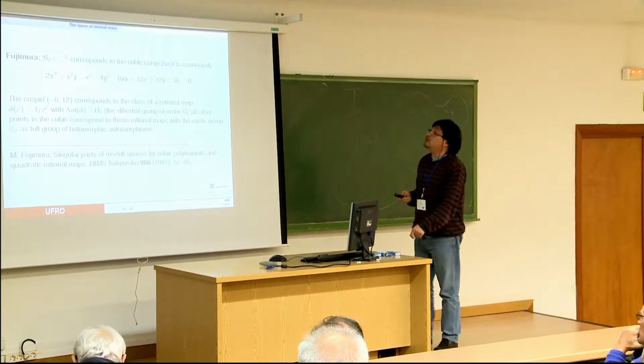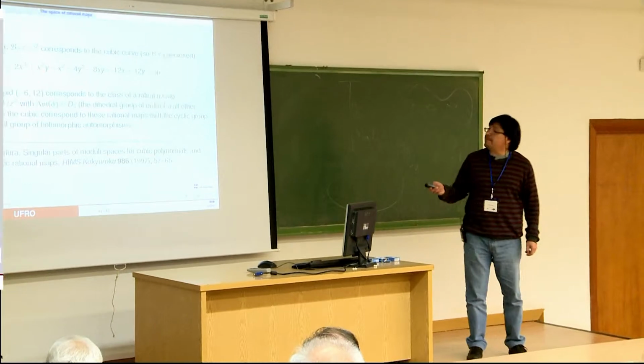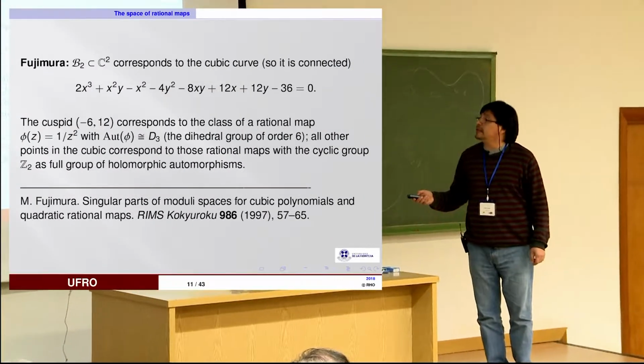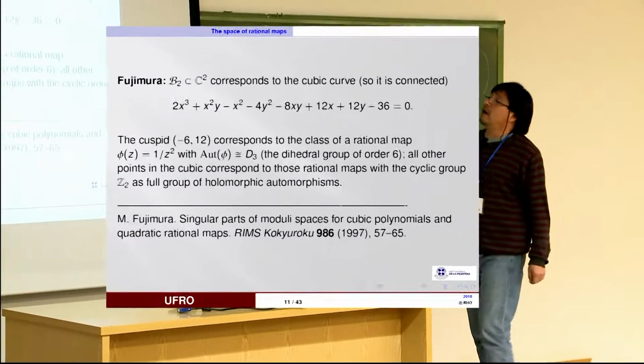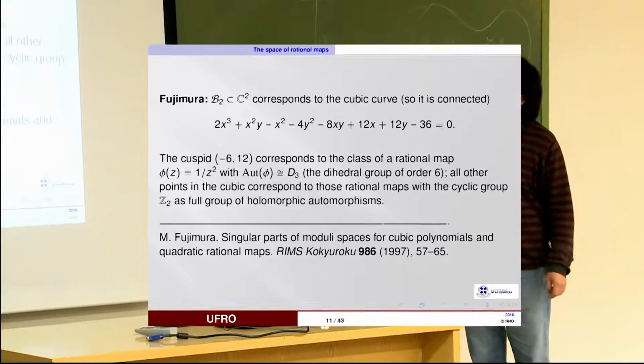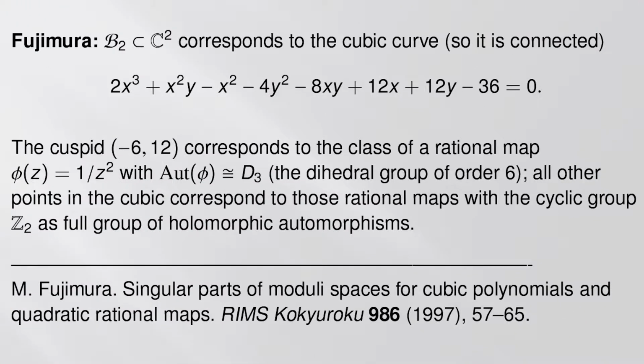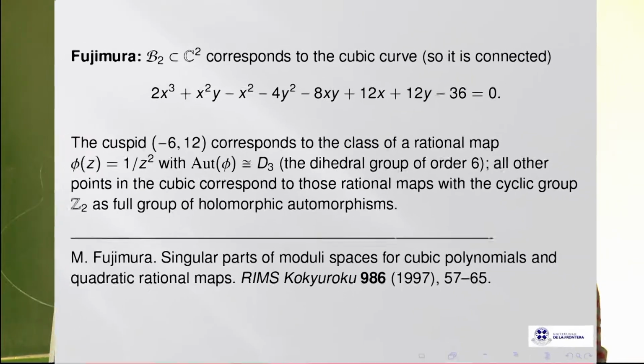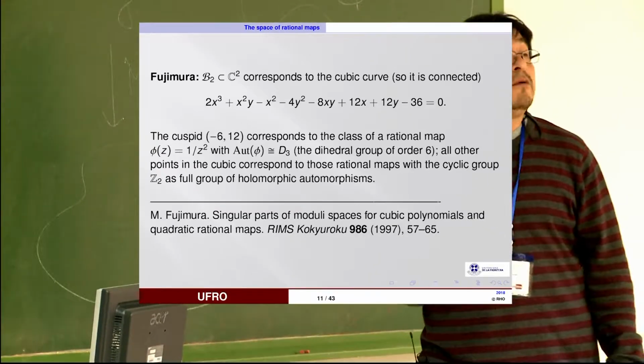So in degree 2, Fujimura, in 97, observed, using Milnor's model C2, that the locus of classes of rational maps of degree 2 that admit non-trivial holomorphic automorphisms is given by this cubic locus.